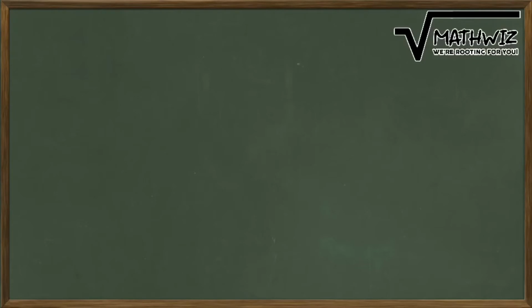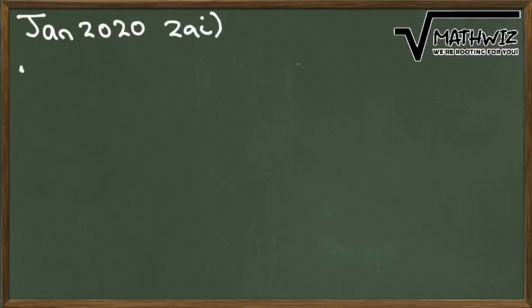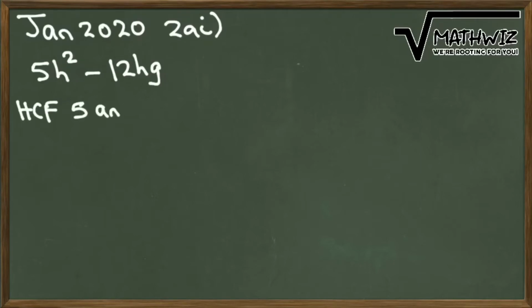Okay, so for today's video, we are going to jump into January 2020, and this is question 2A, part I. So we have 5h squared minus 12hg. All right, so the highest common factor of 5 and 12 is going to simply be 1.